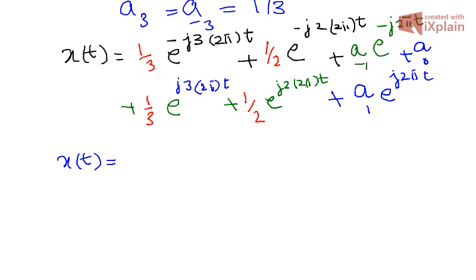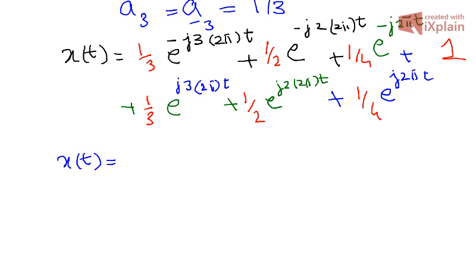And a of 1 and a of minus 1 are also given, so I would replace these by 1 over 4 and 1 over 4 here. And instead of a naught, let me write its value, which is 1.